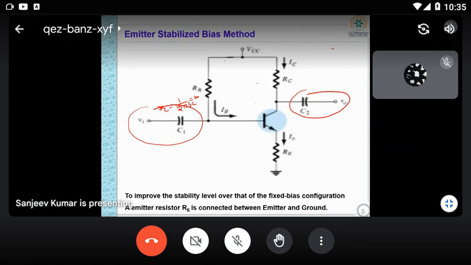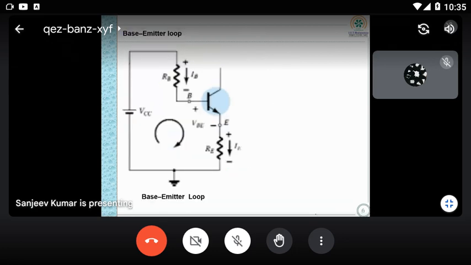If I take two VCC supply voltages, with this one plus and this one ground, I can make the input loop like this, with VCC and ground. Similarly, for the input KVL, the input circuit will be the same, with VCC there and this ground connected to this one.